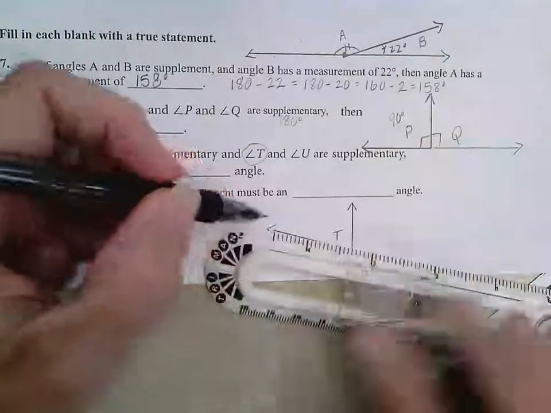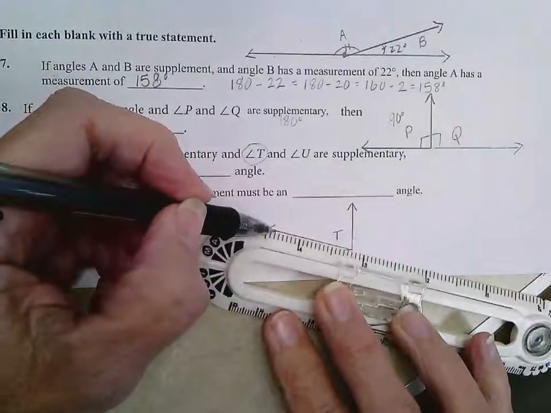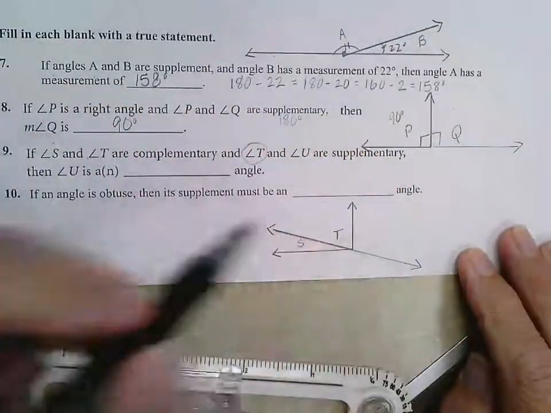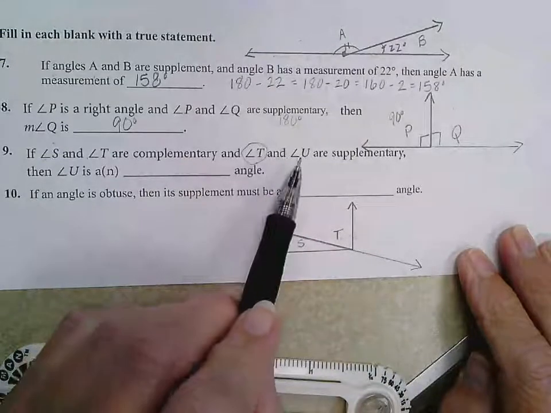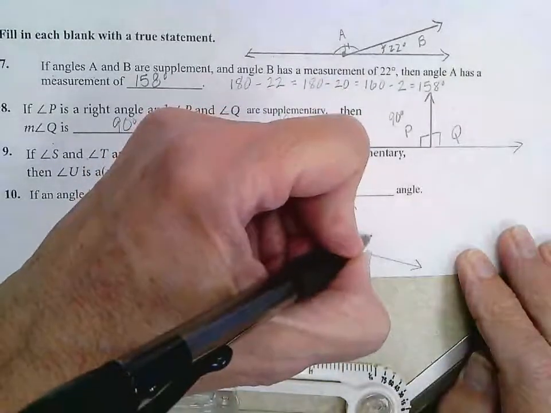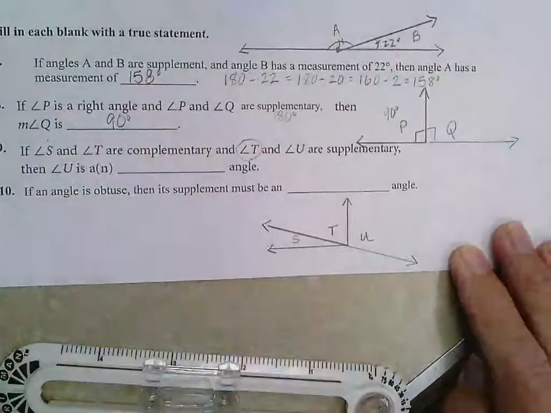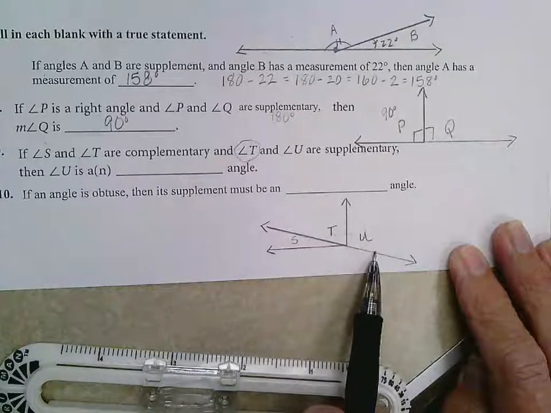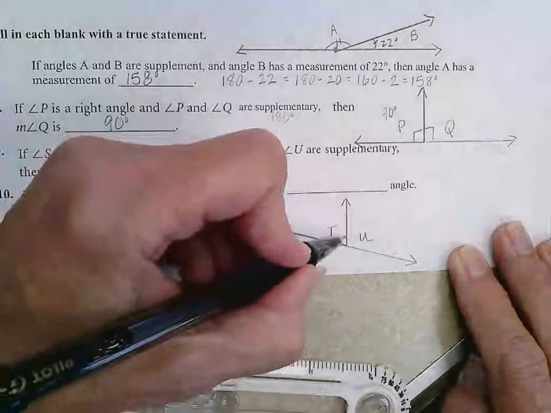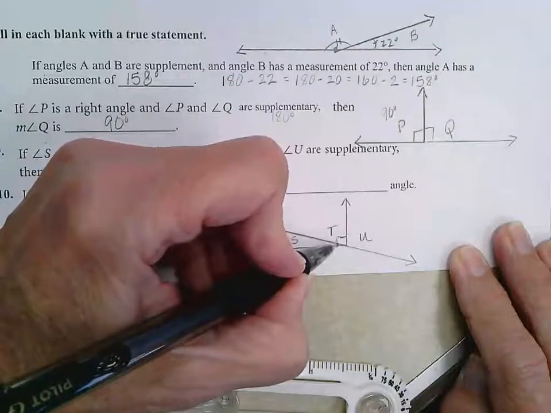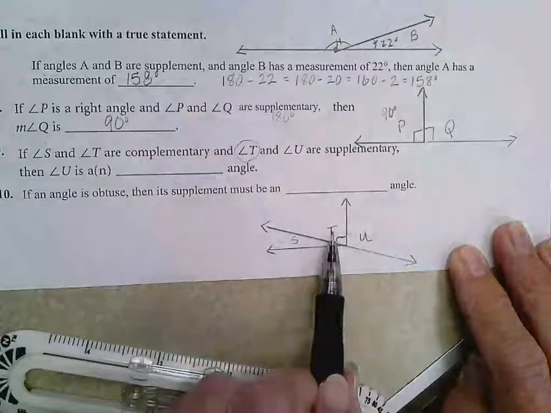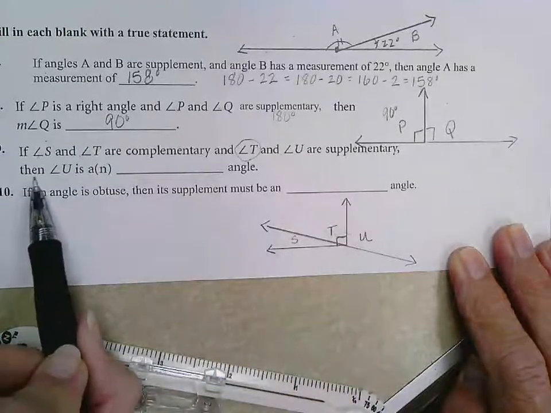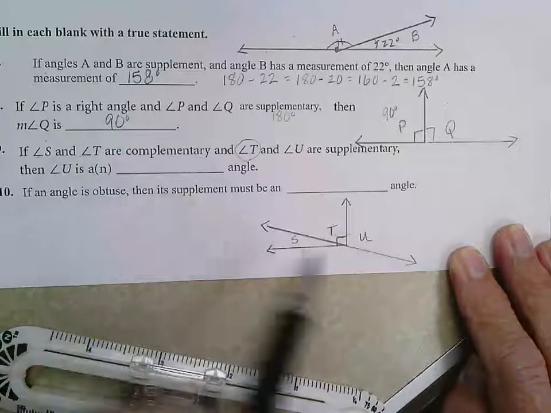So I'm going to extend this line segment because it's telling me that T and another angle U are supplementary, which means that when they're added together, they sum to 180. So these two sum to 90, but these two sum to 180. So it wants to know what kind of an angle angle U is.